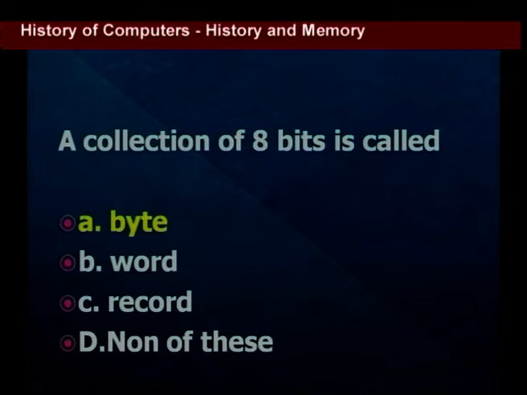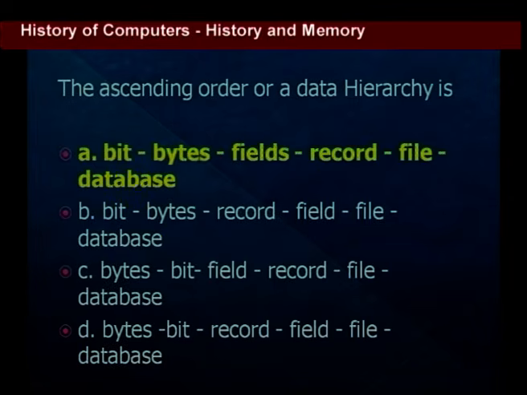This question was asked in competitive exams like IBPS: what is the ascending order of the data hierarchy? Memory allocations: bits go to bytes, bytes to fields, fields to records, records to files, files to a database.